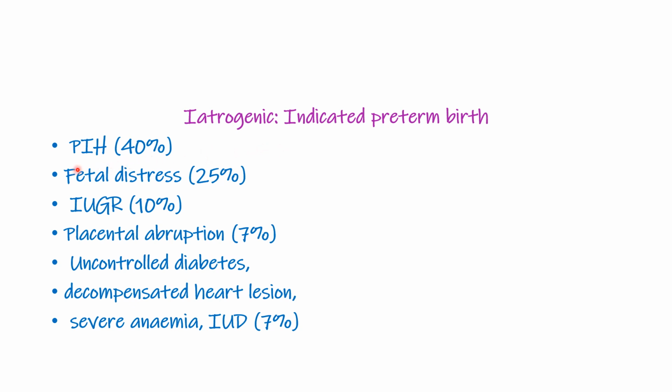So we start with pregnancy-induced hypertension: in cases of gestational hypertension, preeclampsia, and eclampsia. In addition to that, fetal stress when you have non-reassuring fetal status. In addition to that, intrauterine growth restriction, placental abruption, uncontrolled diabetes, decompensated heart lesion, severe anemia, and intrauterine demise.